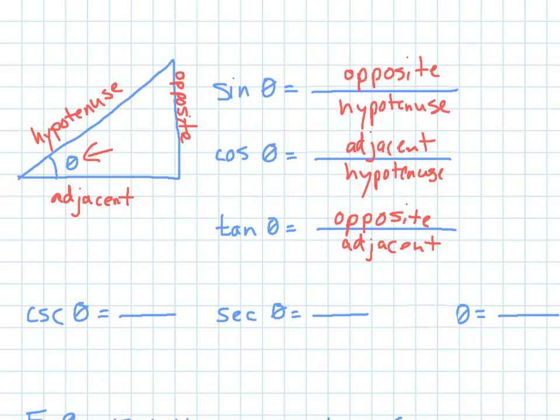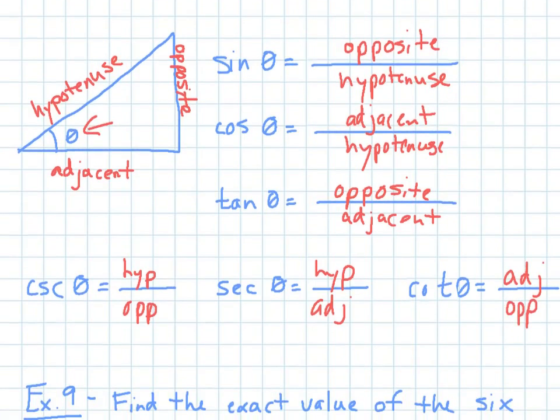Cotangent. That's better. So now we can do the same thing. We're going to use the abbreviations. Cosecant is the reciprocal of sine, so it would be hypotenuse over the opposite side. Secant is the reciprocal of cosine, so then you'd say hypotenuse over adjacent. And then cotangent is the reciprocal of tangent, so then you'd have adjacent over opposite.